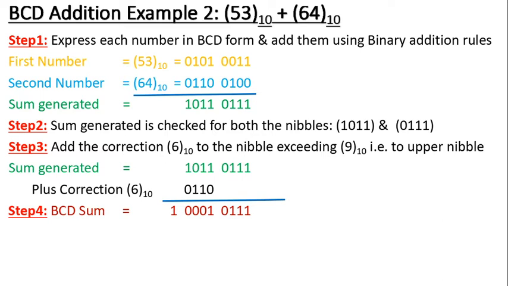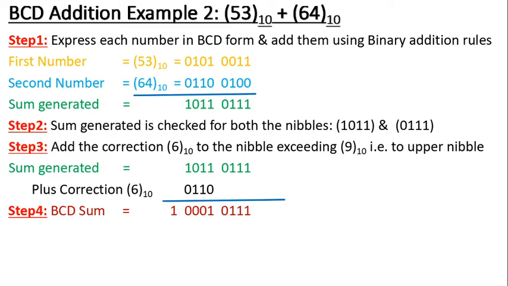But in case of BCD, there is no special meaning for this carry. This carry bit is forming the third nibble to the left side, with 0001.